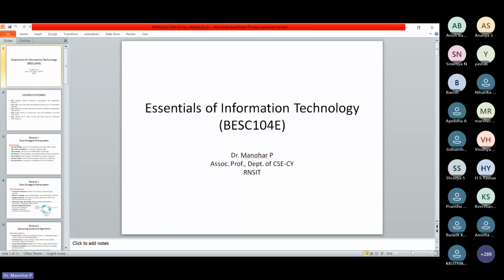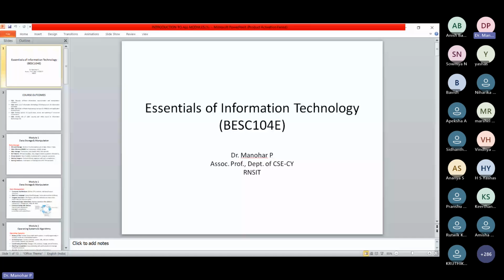Dear students, good evening to one and all. This subject is titled Essential Information Technology. It is very important for students because it gives the foundation of IT. You learn how data is stored and processed, how computer networks work, how software and websites are developed, and how to use infrastructure responsibly with proper security and ethics.